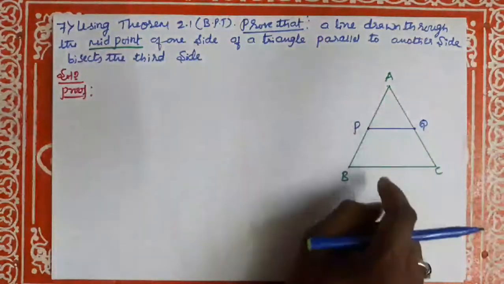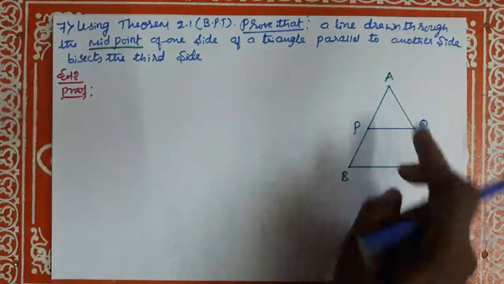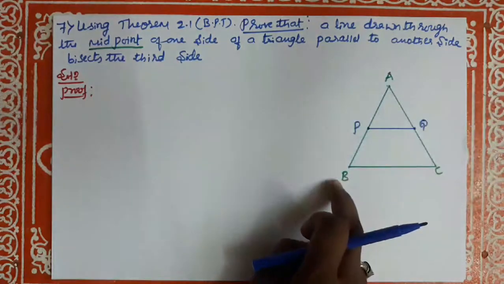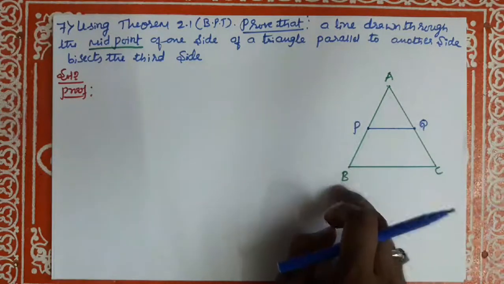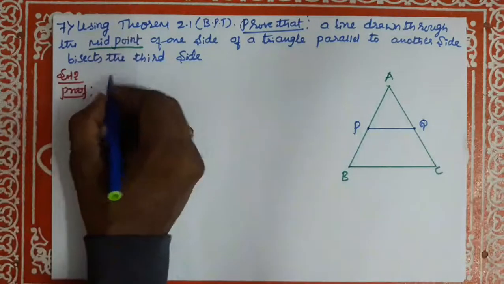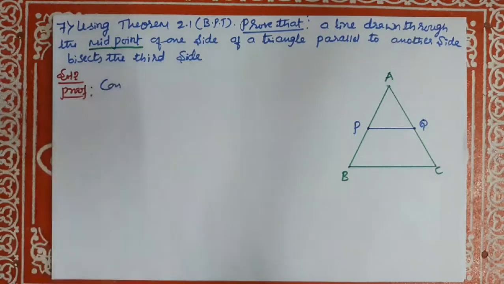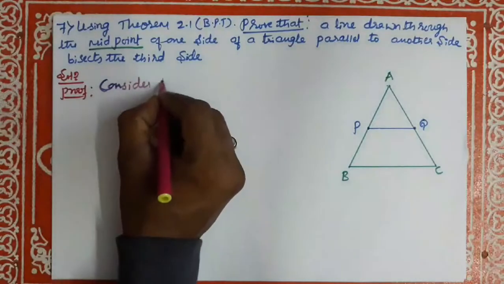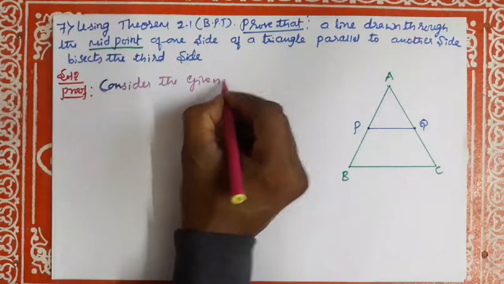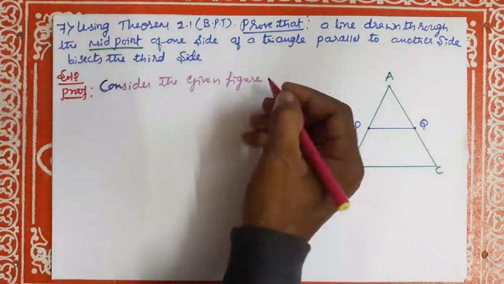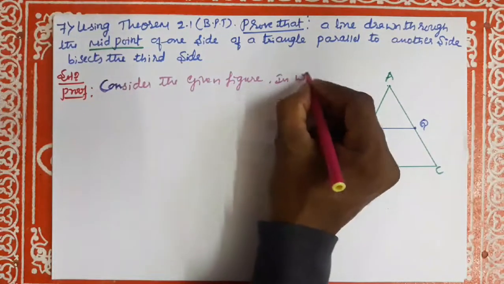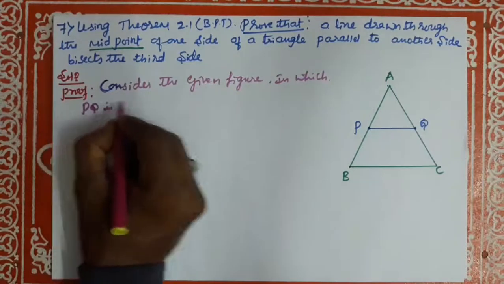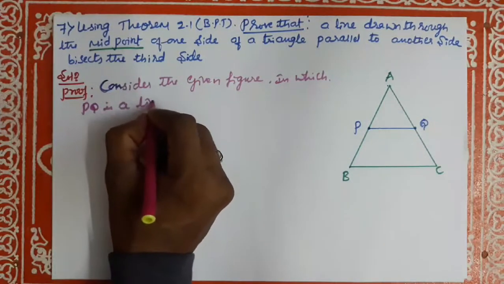Consider the given figure, triangle ABC, in which PQ is a line segment drawn through the midpoint of line AB such that PQ is parallel to BC. I will write here.